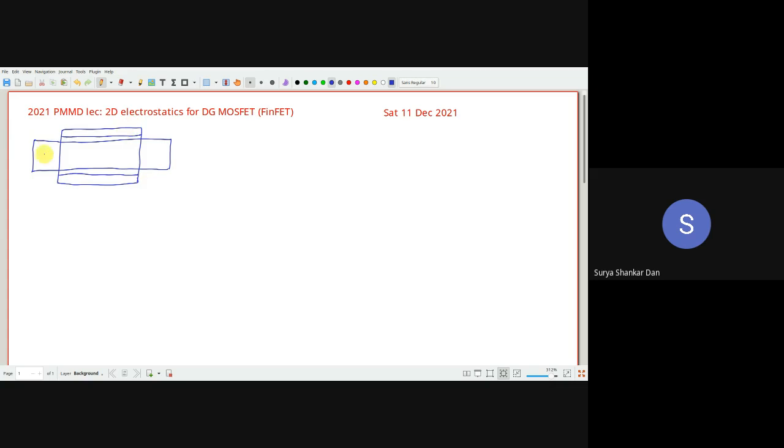This is the source, N plus. This is the drain, N plus. And then here is the oxide, so the oxide thickness here is TOX. The effective channel length is here.